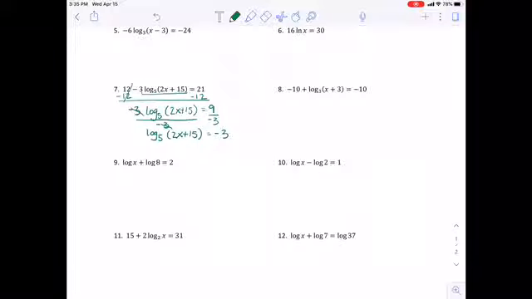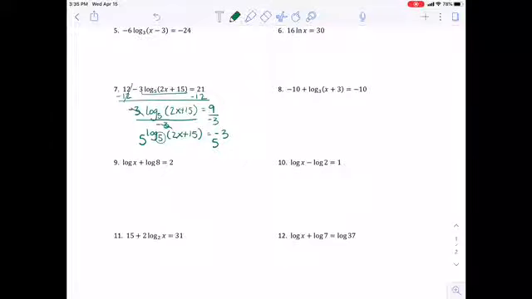Now I want to get rid of the log so that I can get to the 2x plus 15 that's inside of it. Remember, we can get rid of a log by turning it into an exponent. In this case, it's going to be an exponent on the number 5. So this becomes 5 to the log base 5 power and 5 to the negative third power.